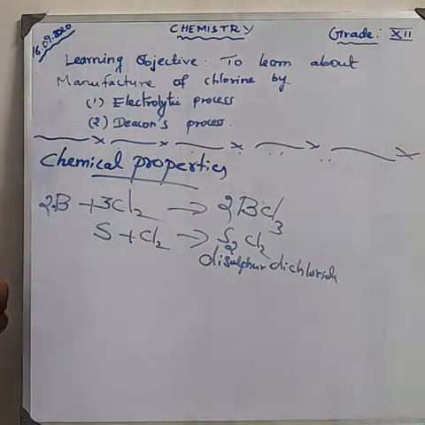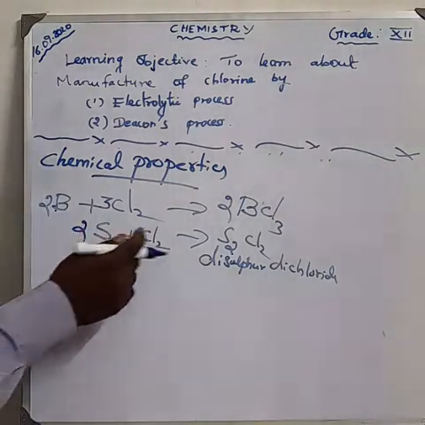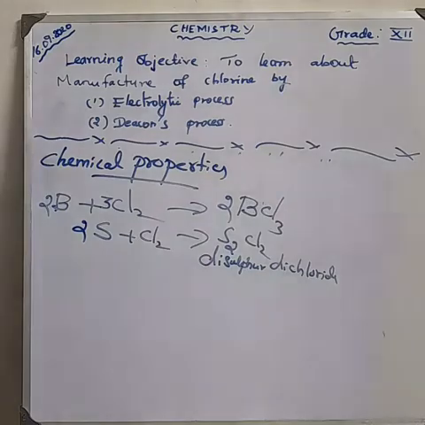How can we balance the equation? They are having 2 sulfur, here having only 1 sulfur, so make it 2 sulfur here. They are having 2 chlorine, 2 chlorine. Now the equation is balanced.